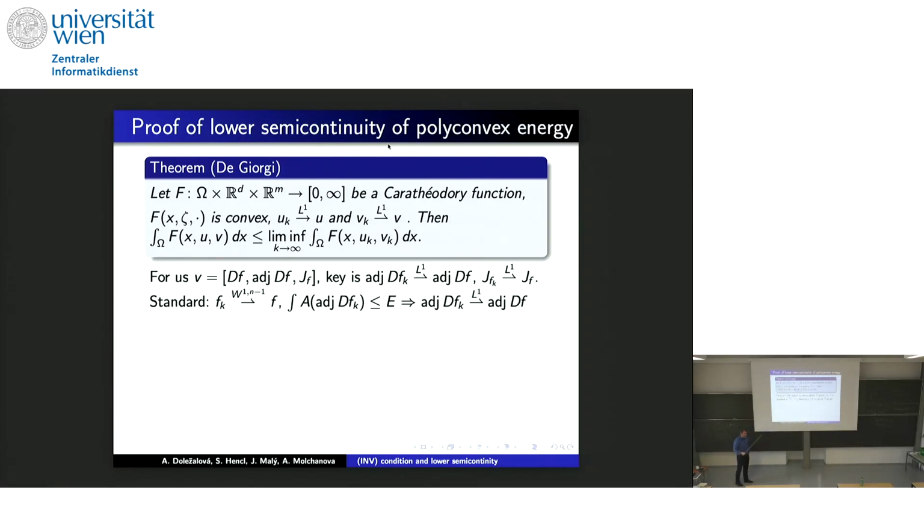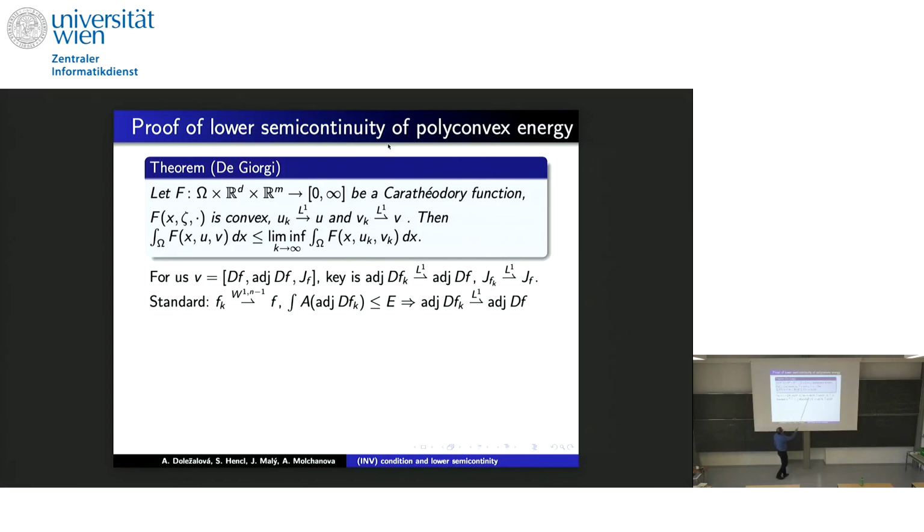So for us, as usual, in polyconvex energy, the last term contains the derivative, the 2 times 2 subdeterminants, and the usual determinant in dimension 3, okay? Of course, if we converge in W^{1,n-1}, this term is converging weakly, that's for free.